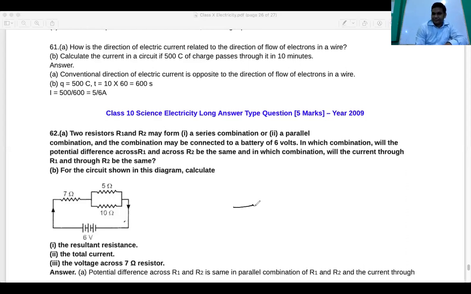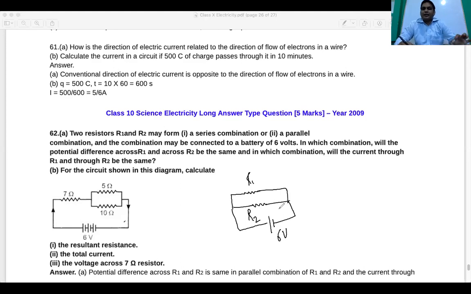Series? No. Parallel. Yes, exactly. If R1 and R2 are connected in parallel, then the potential difference is going to be the same.